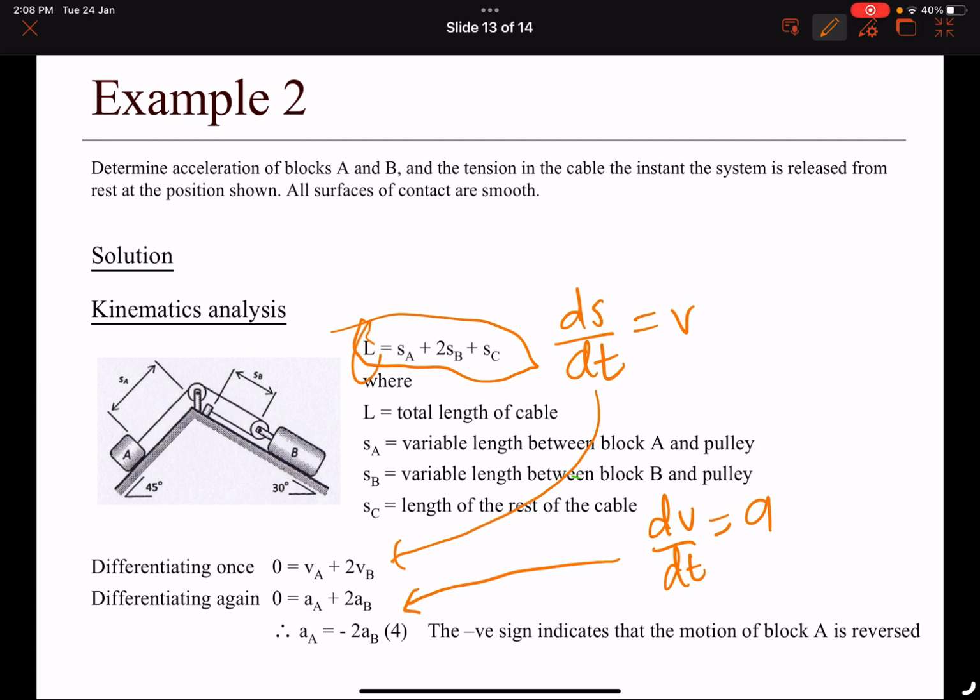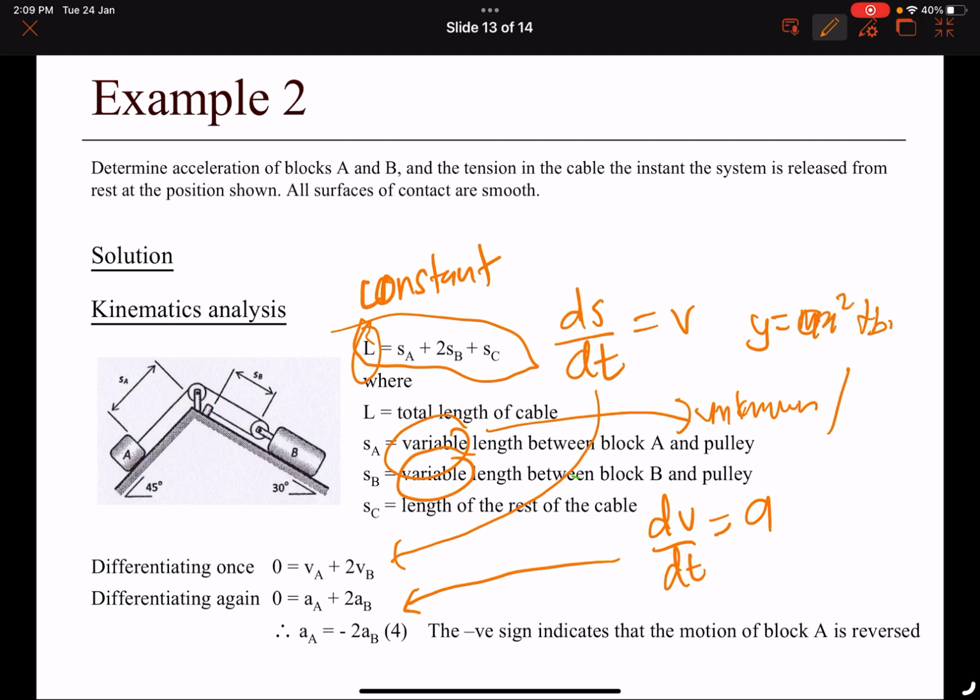So the total length is constant, not variable, constant. Variable means that we do have maybe an unknown value. If you still remember, we do have the parabolic equation like this one, plus bx plus c. C we can represent as a constant like this one.